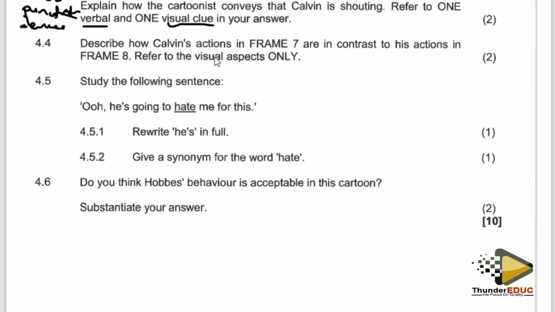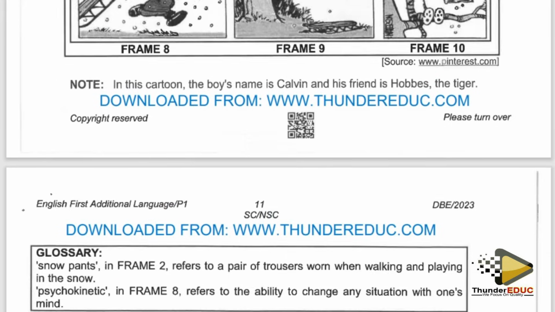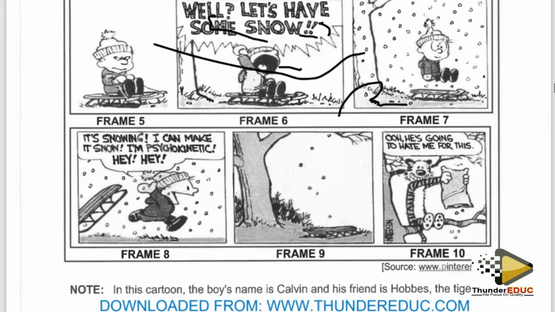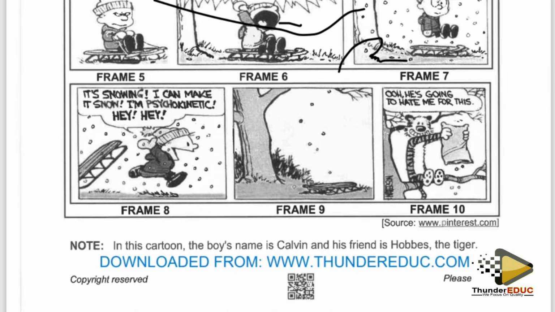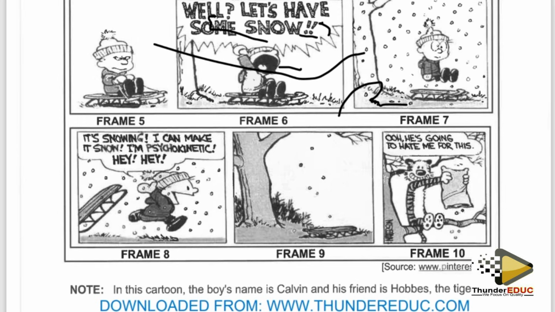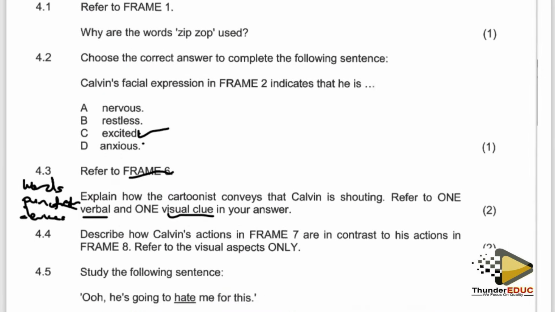So now when we are talking about actions, his body is high on the board, and then he's no longer on the board but on his feet and running. So now we realize that's the contrast that we're having there.